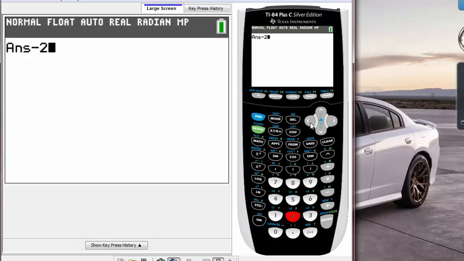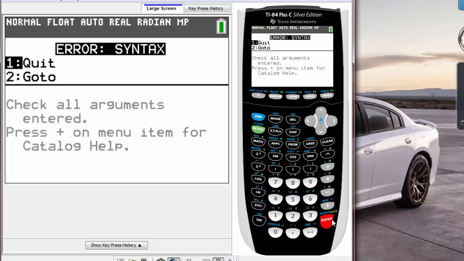So what we can do is go back by using the arrow key and then delete that answer. Okay, so let's try to delete it. So now what do I have left? I only have bar and 2, and that looks like -2 to me. So how about we add 1 to it and then hit enter. Oh, guess what? Error, right?